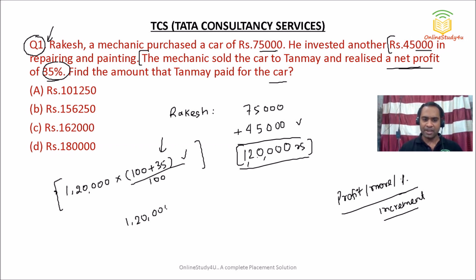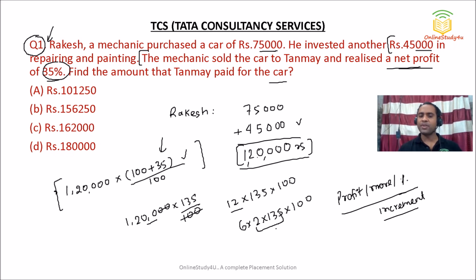Then 1,20,000 into 135 by 100. The 20 and 20 will get cancelled, so basically it is 12 into 135 into 100. I have kept this 100 separately. To make it a little easier, 12 I can write as 6 into 2. I've done this because now I can easily multiply 2 with 135, so this will be nothing but 270 into 6, into 100. 6 sevens are 42, 2 is carried, 6 twos are 12 plus 4 is 16.